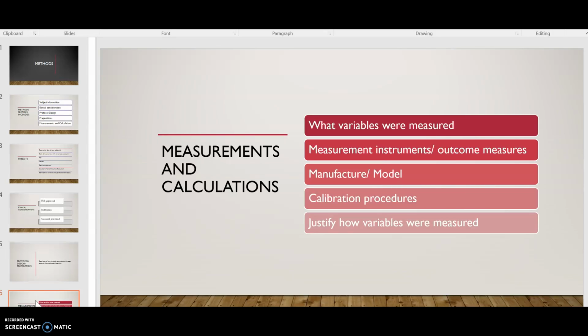Okay? When you're writing your methods section, it's important to bear in mind that the rationale or assumptions on which some procedures are based are not always obvious. So make sure you can explain everything in detail, which is essentially why you're providing so much information.